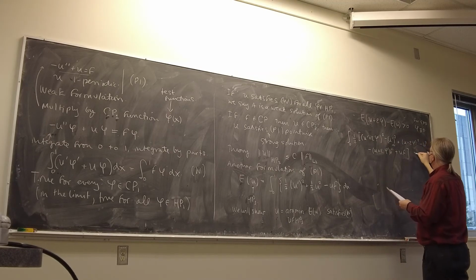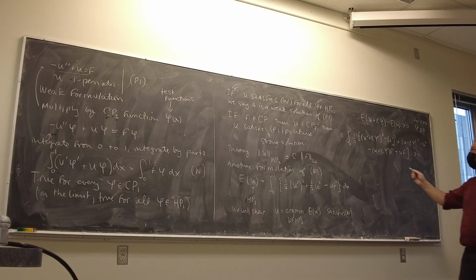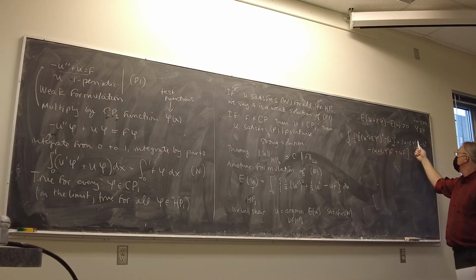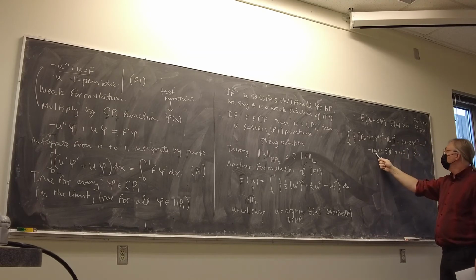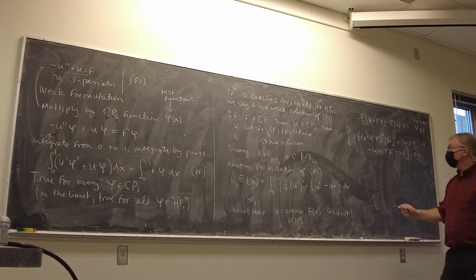This all has to be positive. Okay, and you'll notice that there's a bunch of terms that cancel out. u prime squared minus u prime squared, u squared minus u squared, u times f, u times f.